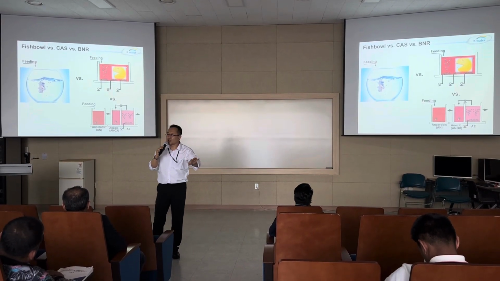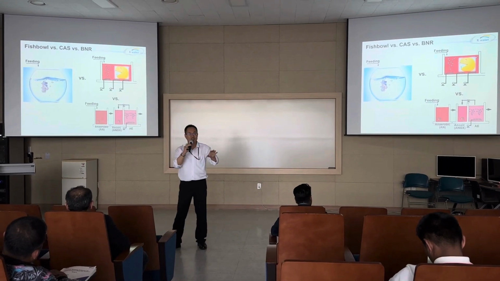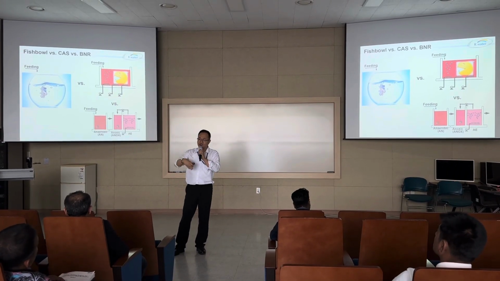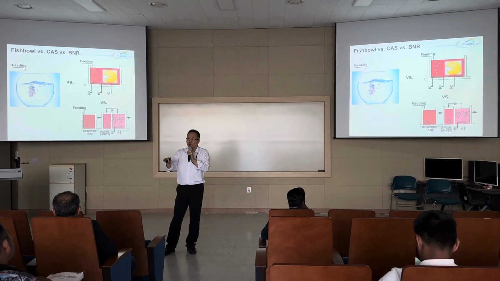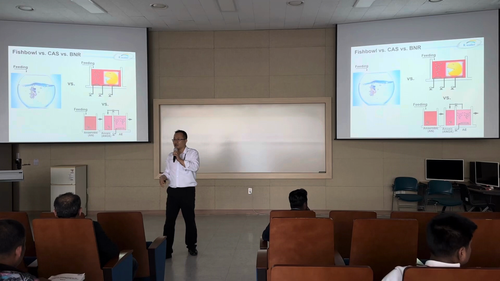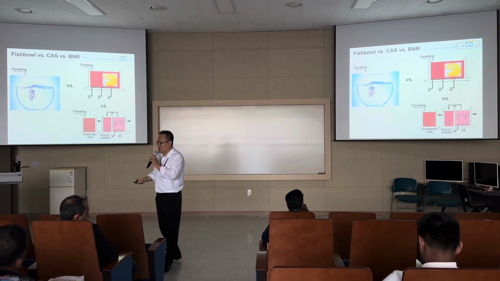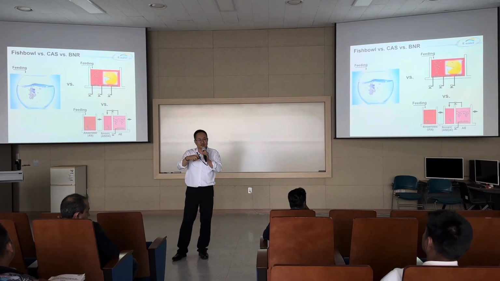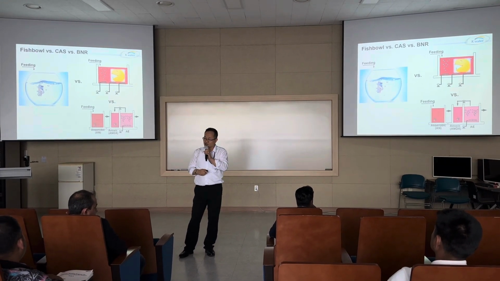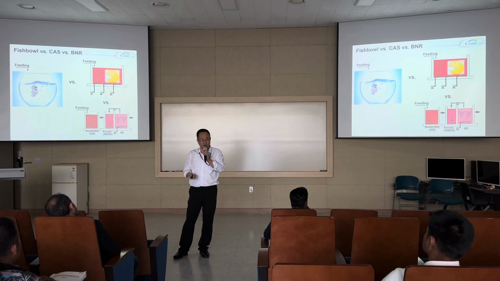The conventional activated sludge process has a single tank, which is filled with wastewater, sewage, and microorganisms. We call it activated sludge. I don't see much of a difference between the conventional activated sludge process and the fish bowl.